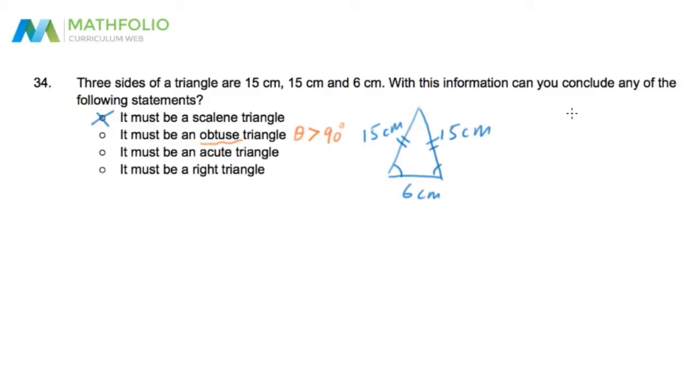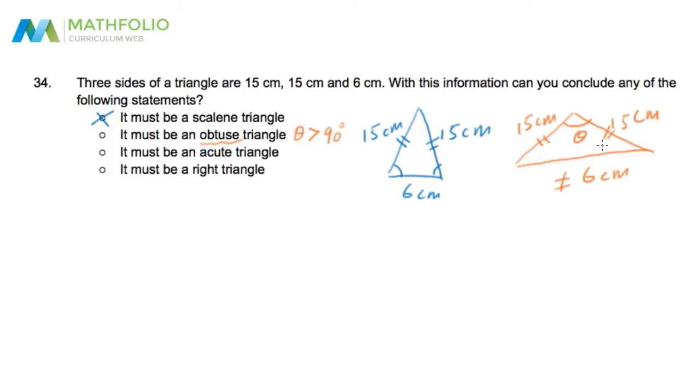So let's take a look at this. Let's take our same 15s, let's put them this way, 15 centimeters and 15 centimeters. Now in this case, the angle, say theta, is in the middle of the isosceles triangle in between the 15s, but this cannot equal 6 centimeters here, because it would have to be larger than the two 15 centimeter angles.